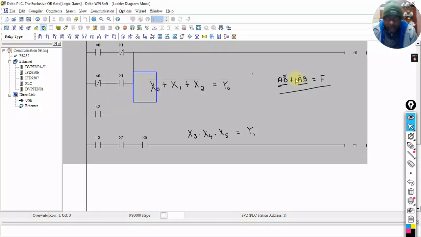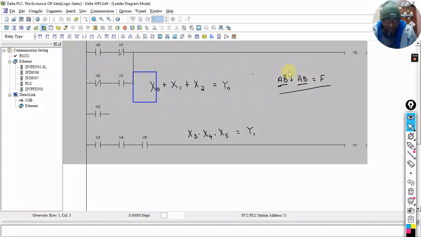And then what do we have now? In the first instance it was not. So not, remember, is normally closed. Here it is open. All right. So we have x1, the same variable. If you allow A to be x0, that means this here is A. But there A is not, so this will be not A, so it's not x0.